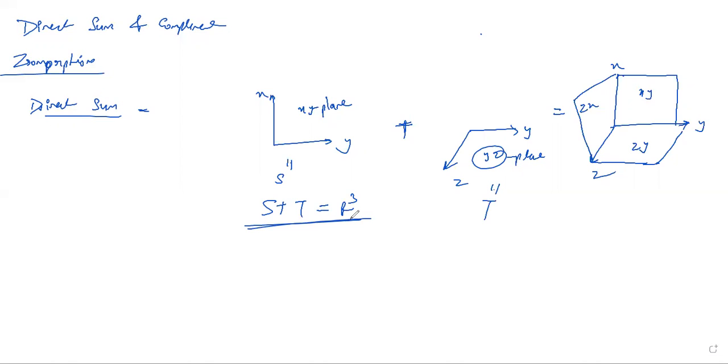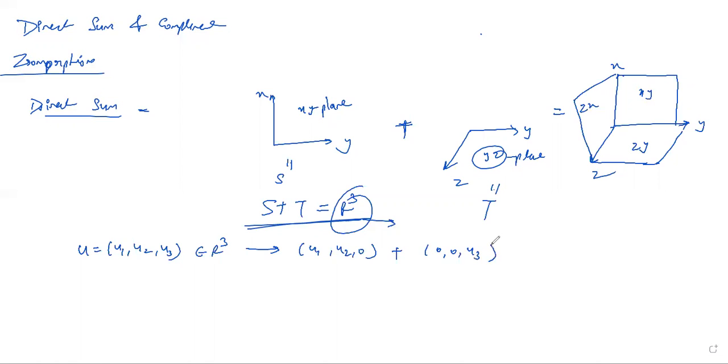Now, if there is a vector in R cube, let's say u, which is (u1, u2, u3), and this belongs to R cube. This vector in R cube can be represented in many ways. I can break this vector into two parts as (u1, u2, 0) plus (0, 0, u3), where this belongs to S and this belongs to T, and the sum of these is u.